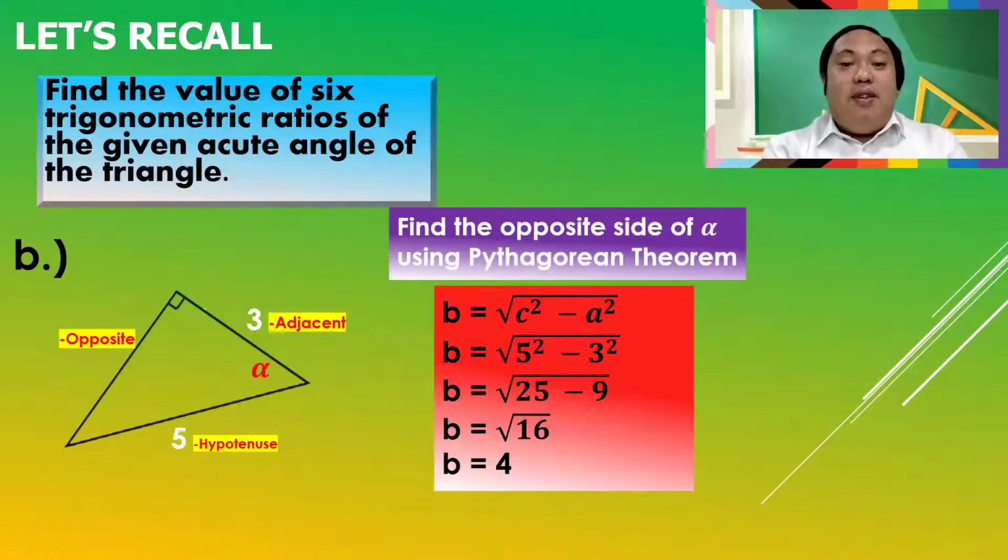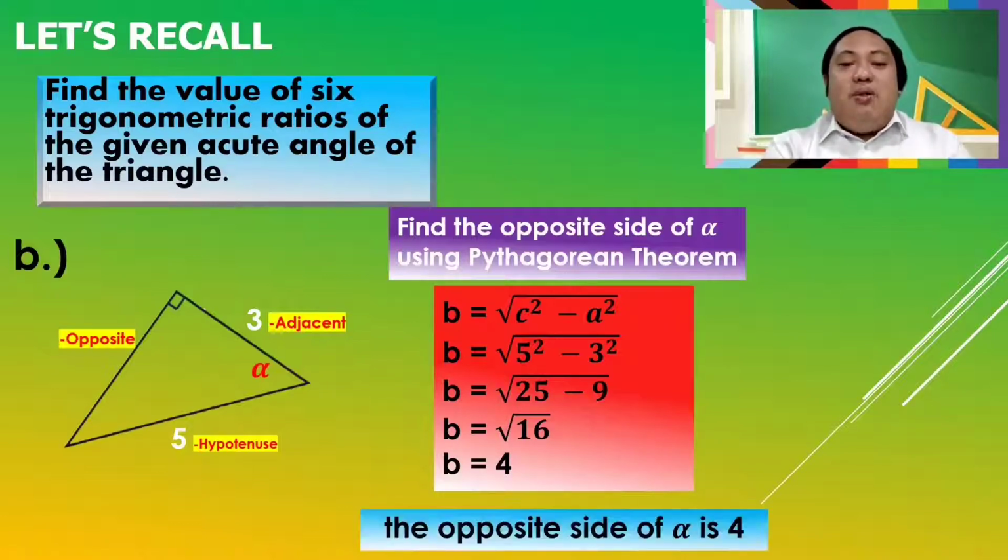And we have b equals the square root of 5 squared, which is 25, minus 3 squared, which is 9. Then we have b equals the square root of 25 minus 9. We have the square root of 16, and the square root of 16 is 4. Therefore, our b is equal to 4. Then, the opposite side of alpha is 4.